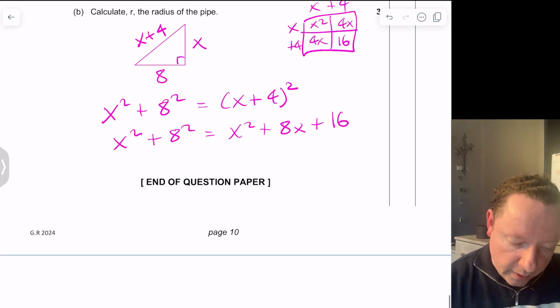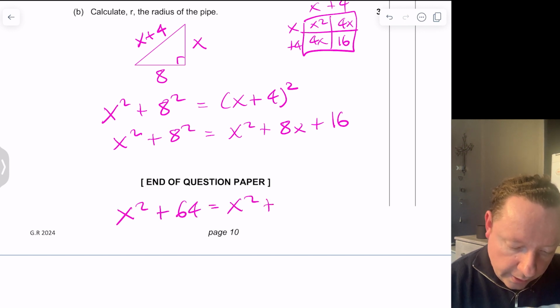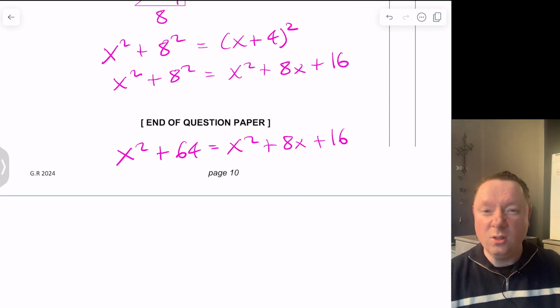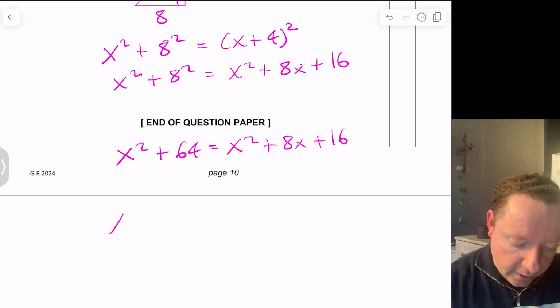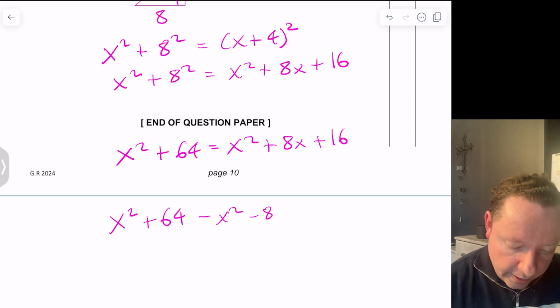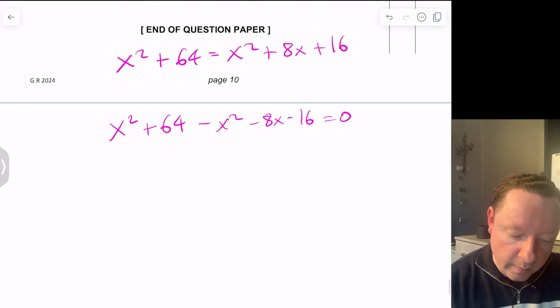So what does that give me? x squared plus 8 8s are 64, equals x squared plus 8x plus 16. I've got x squared, so just in case it's a quadratic, x squared plus 64 minus x squared minus 8x minus 16 equals 0. But it's not actually a quadratic because x squared minus x squared is nothing.